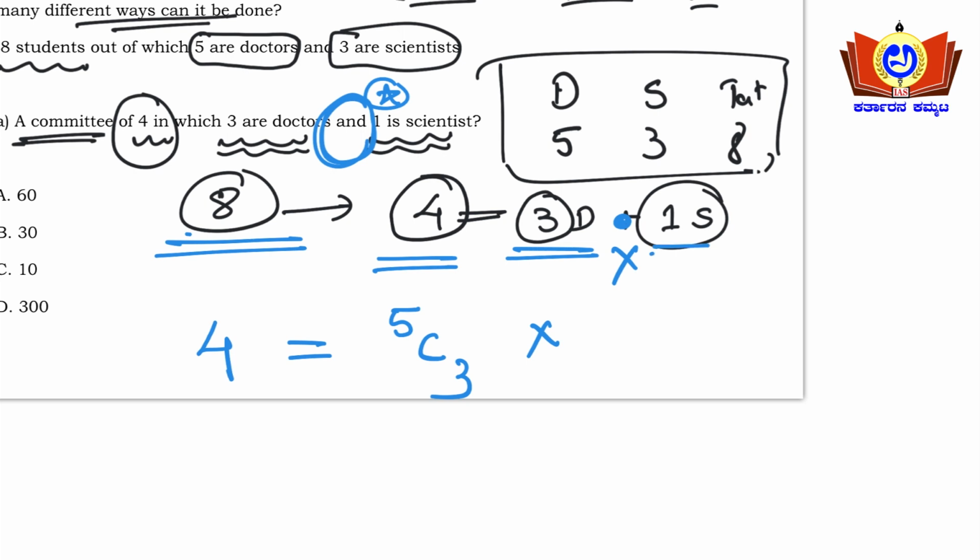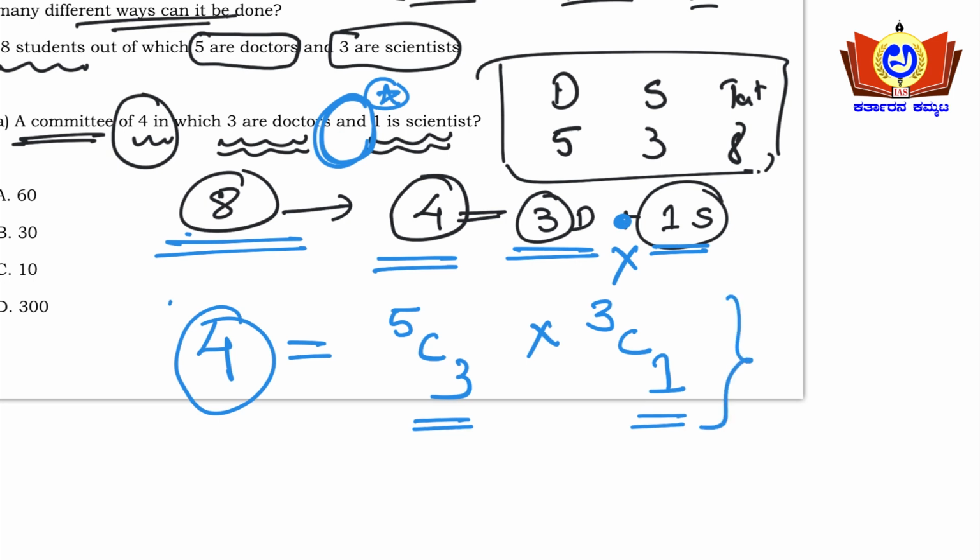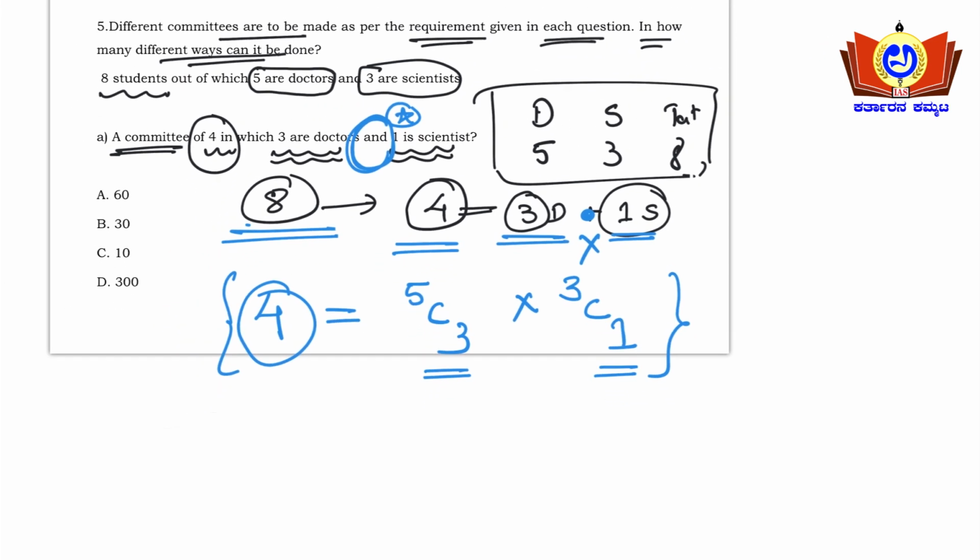So 1 scientist should be there. How many total scientists are there? 3 scientists are there, so out of them you need to choose 1. Totally, 3 doctors you are choosing and 1 scientist you are choosing, so you are making a group of 4. You need to write this condition very clearly to arrive at the answer in a perfect manner. Now we will solve this. See here, 5C3 into 3C1.